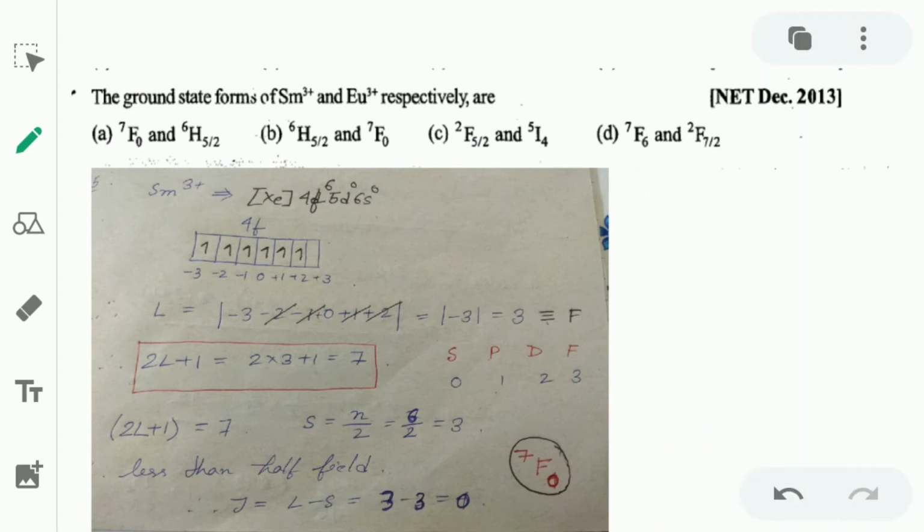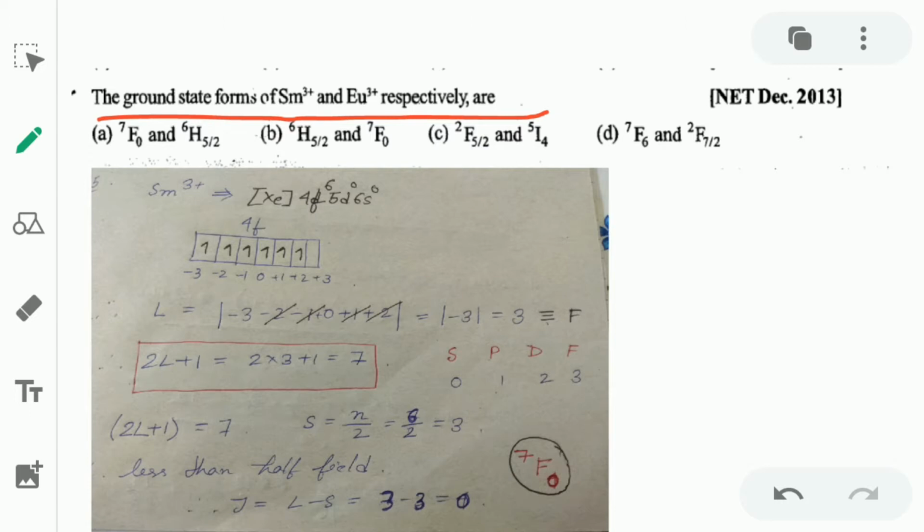another question: the ground state forms of samarium 3+ and europium 3+ respectively. Okay.